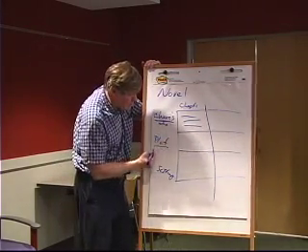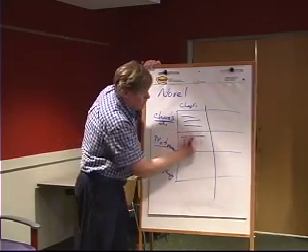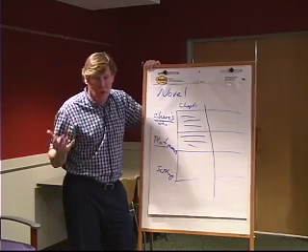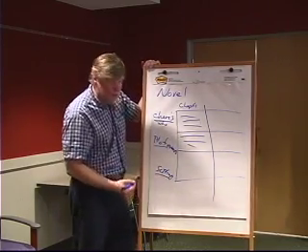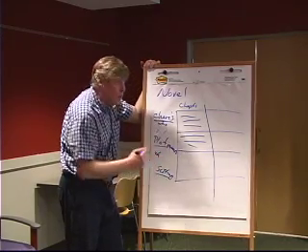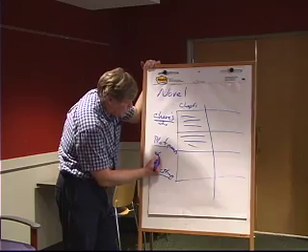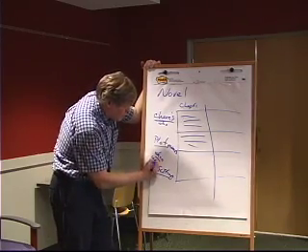The plot is basically the events, so you can take some notes on what's actually going on in the chapter. And then the setting is really where it's at. What time of day, what time of year, what year, it's really when. And also where.